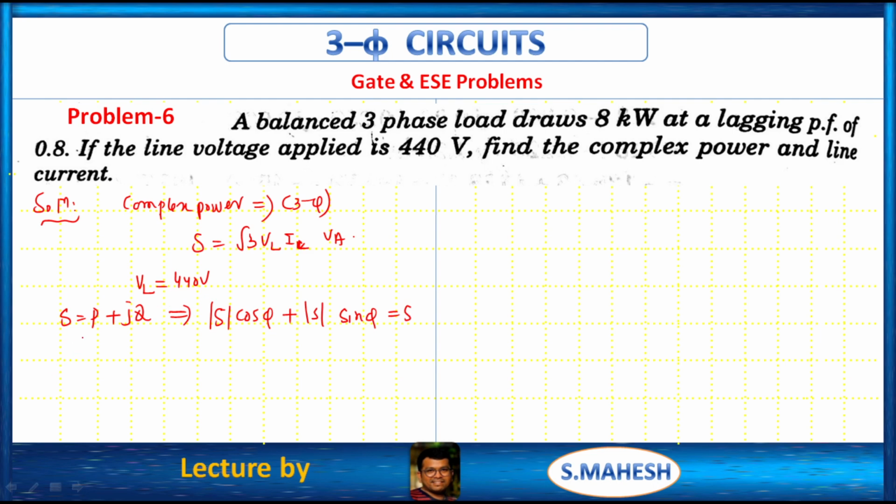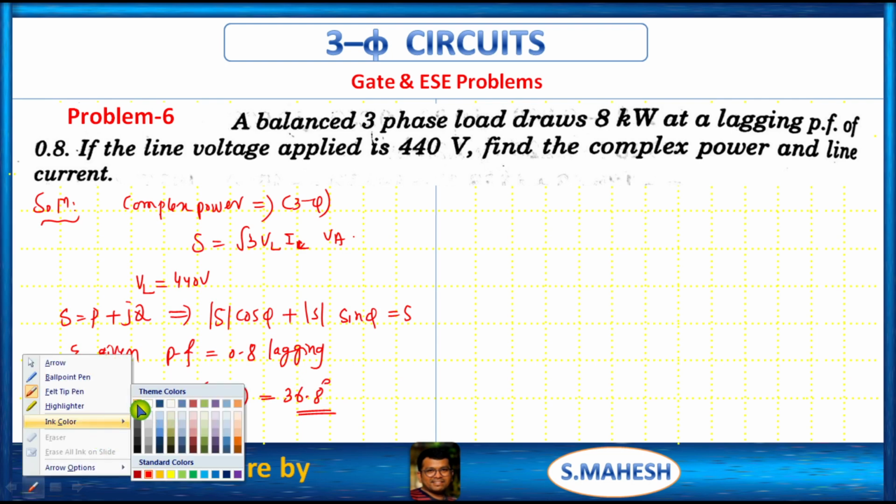The power factor is given as 0.8 lagging. Therefore phi is equal to cos inverse of 0.8, which is nothing but 36.8 degrees. The phi is 36.8.